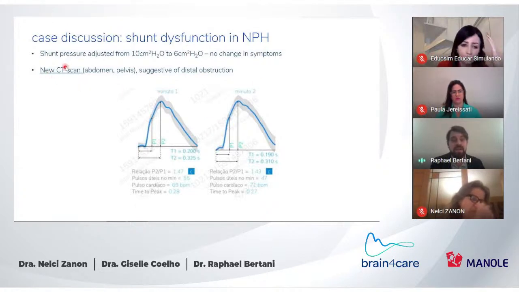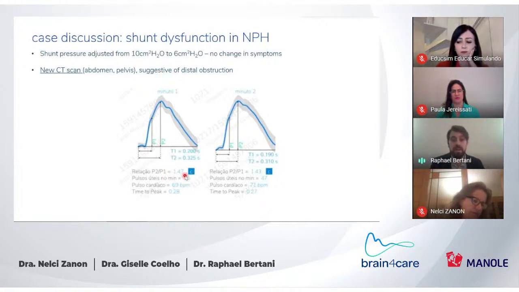And we did a new CT scan and we could see that the catheter was not very well positioned in the patient's peritoneum. So it could be obstructed. We were not entirely sure, but we had a not so normal CT scan of the abdomen and pelvis together with this abnormal waveform.